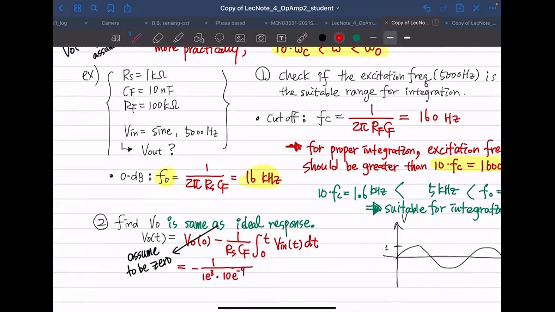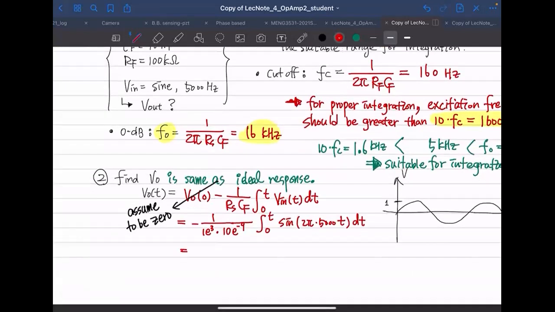And integral 0 up to t. Vn was 5,000 hertz sine, so sine 2 pi 5,000 t dt, right? This is just pure math. And we do this is 10 to the third, 10 to the 9, so this becomes 10 to the 6. We have one more here, so that goes up.